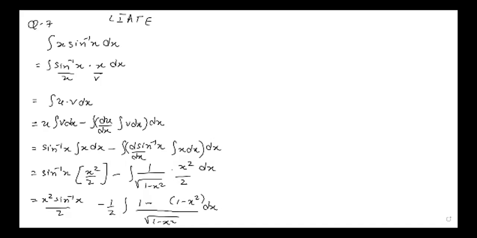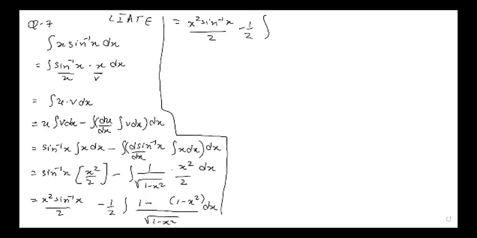Right, so if I divide this individually, I will have 1 upon root 1 minus x square minus root 1 minus x square dx.